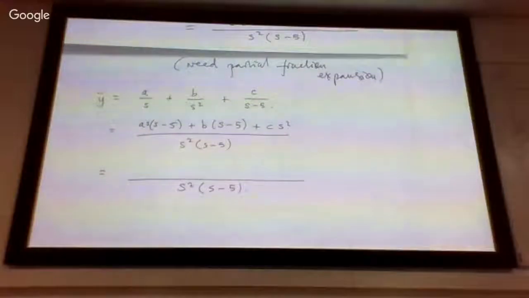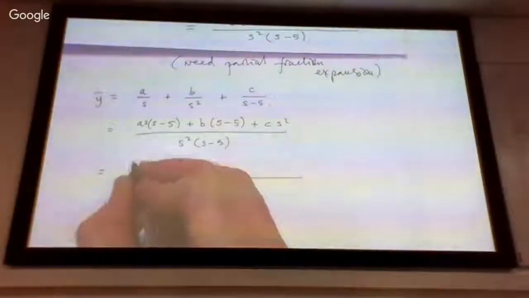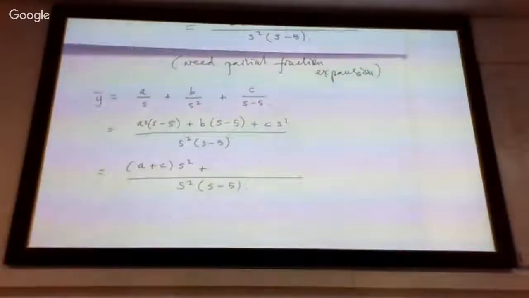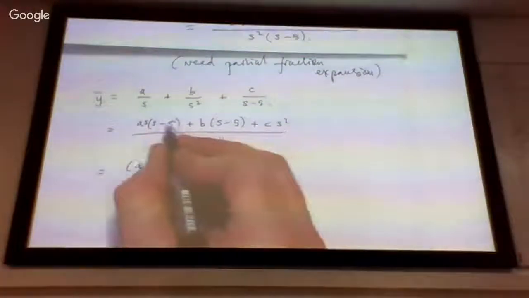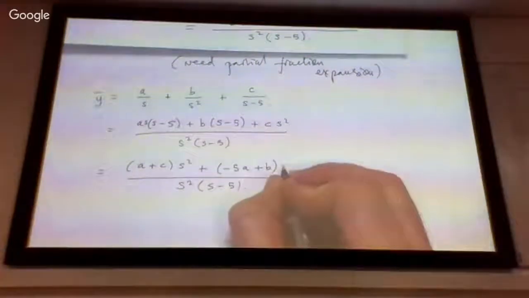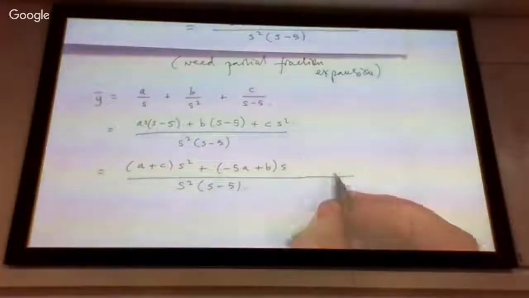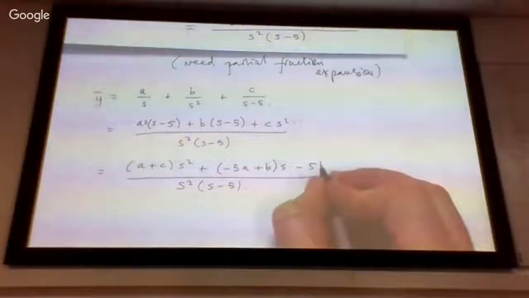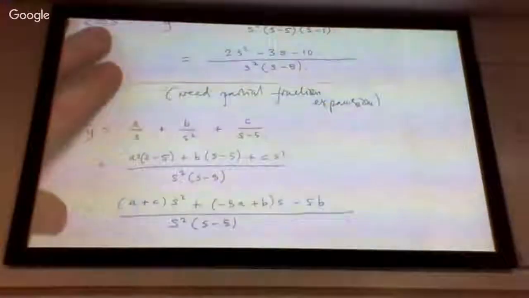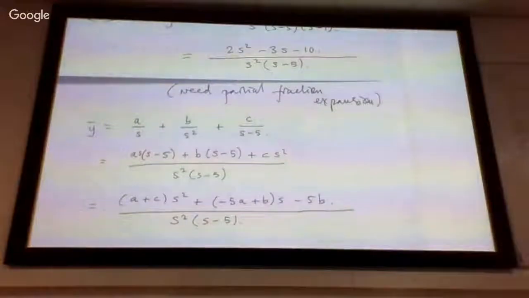So getting that into standard form, well, it's just a quadratic in s. You've got A plus C times s squared. How many s's? You've got minus 5A s's here, plus B. And where's the constant term? The constant term is just minus 5B. So actually this probably solves fairly quickly.